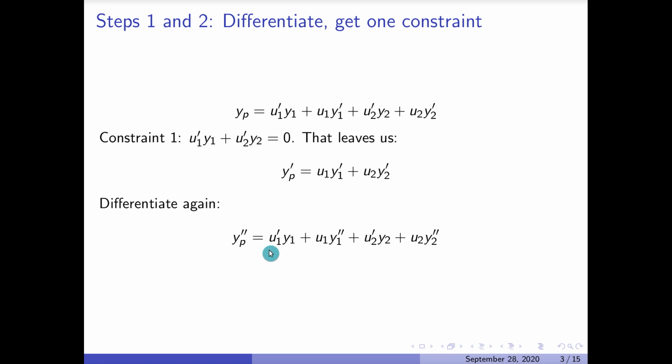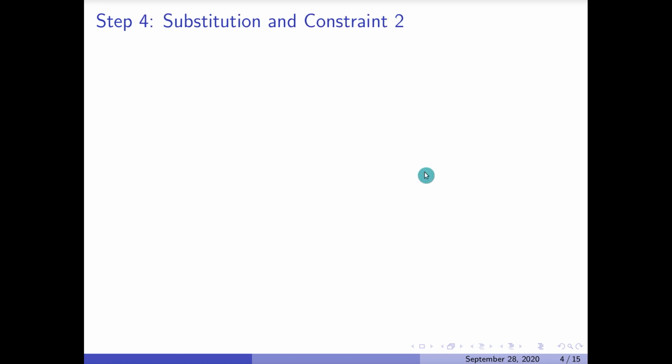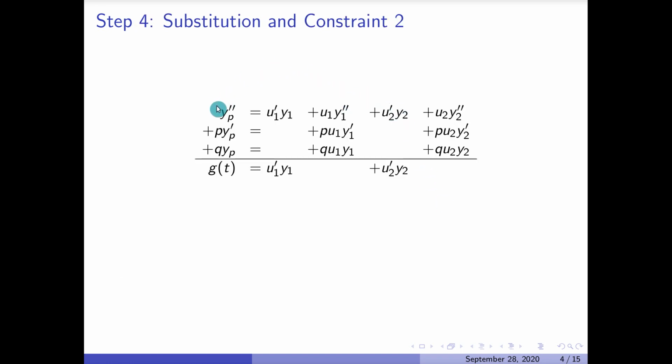Now we want to substitute this and this into the differential equation and see what we get. I'm just writing it in tabular form here. This is my second derivative, and I've multiplied my first derivative times p. Notice that I'm putting it in order in a suggestive way here. Then I've got the q times the original function, so that's down here.